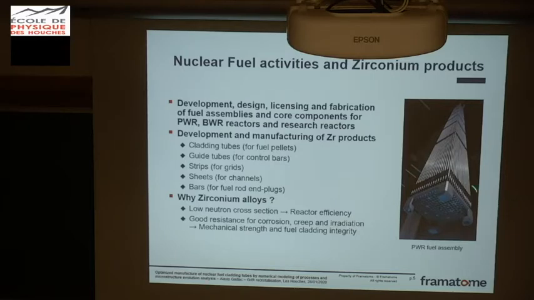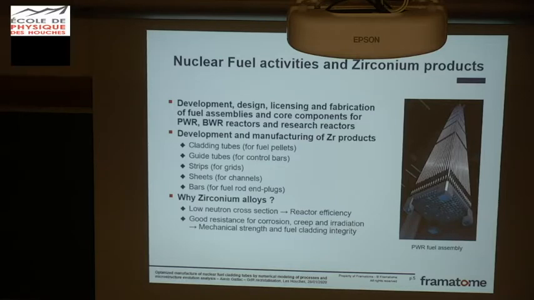We have to manufacture also some flat products, strips, in order to manufacture these grids. And at the end, we have also bars, just to make some plugs at the end of the tubes.